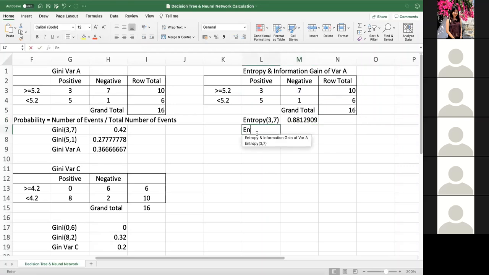Similarly, we have to calculate entropy of 5 comma 1.